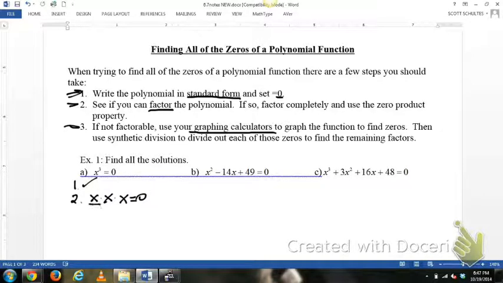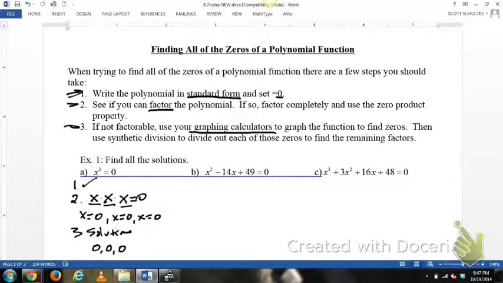That means any one of these factors of x can equal 0 to make this true. So I can solve this by factoring and using the zero product property, and what I get is 3 solutions, although they're repeated solutions. Those solutions are 0, 0, and 0.